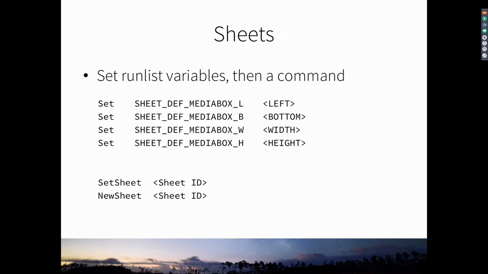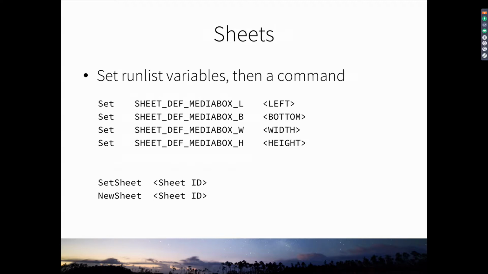I simply put those values in those variables. When I do that, I have not done anything yet. I simply filled those variables with information, but I have not created or modified a sheet yet.